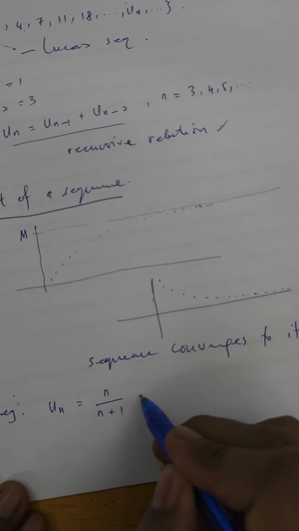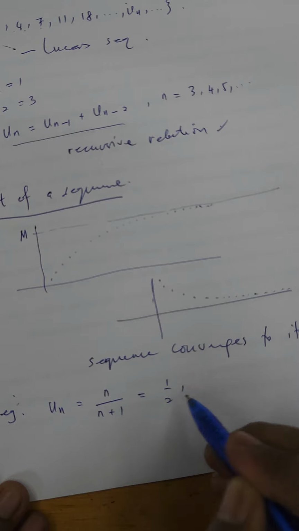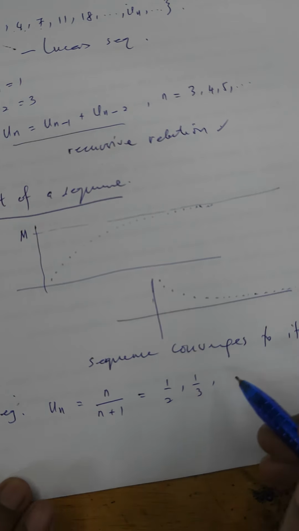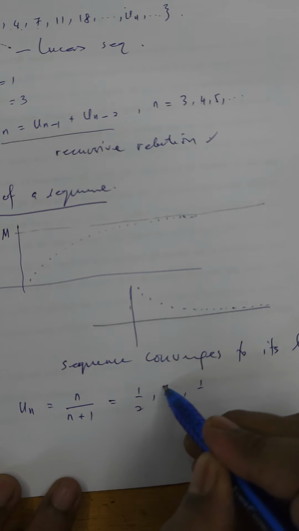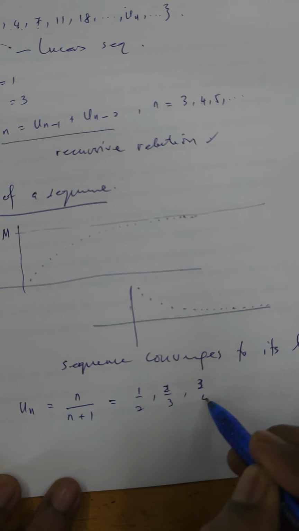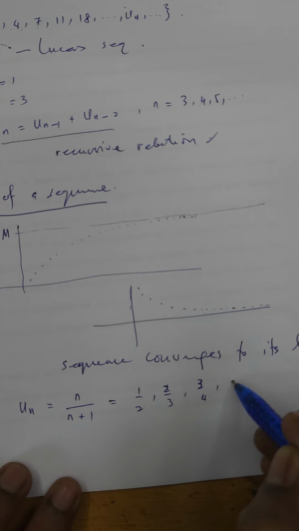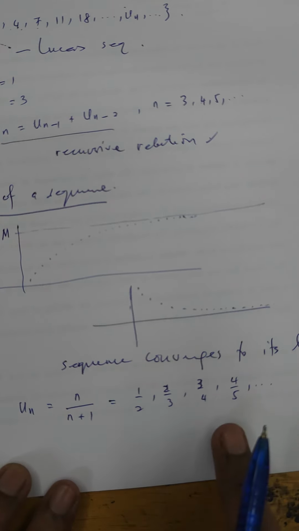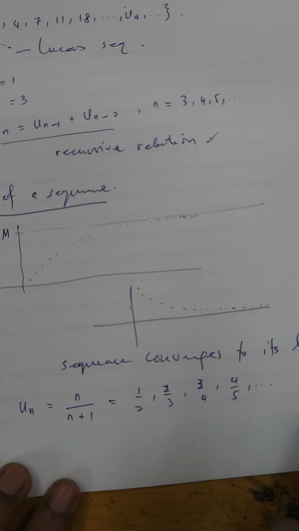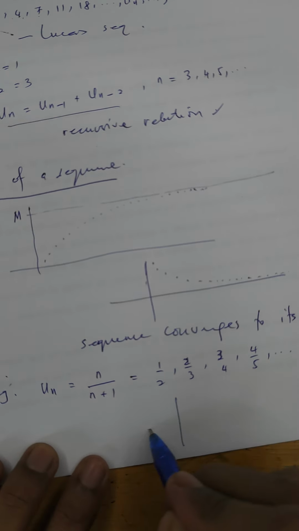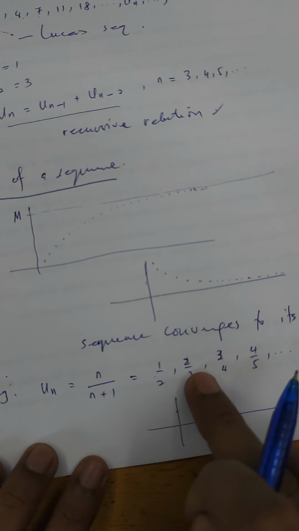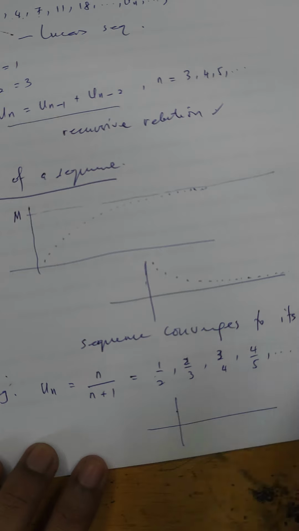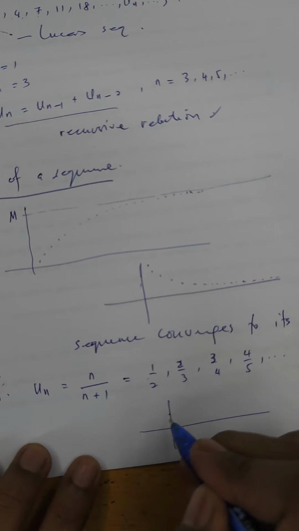So what we have here is 1 over 2, 2 over 3, 3 over 4, 4 over 5, and so on, tending to 1. You can see in this case, from half, this is greater than half and it's close to 1, and later on very close to 1.